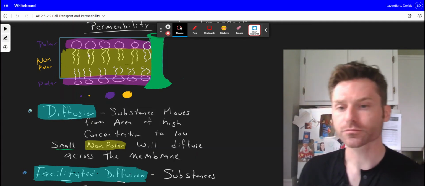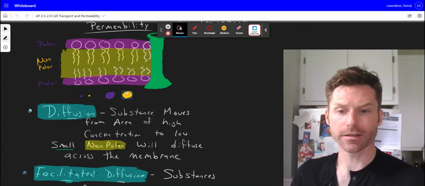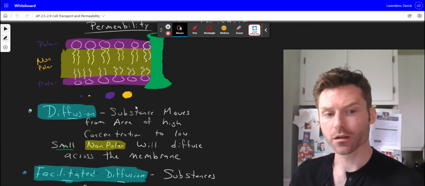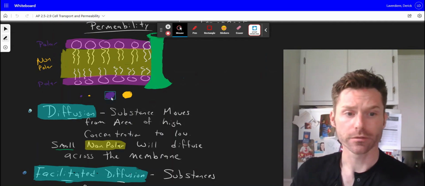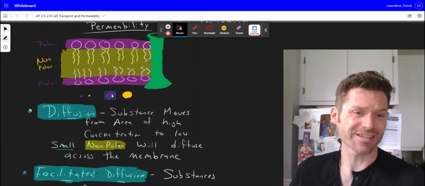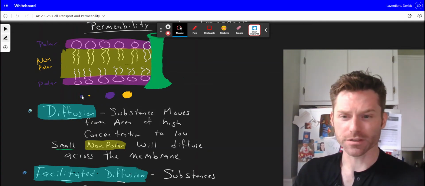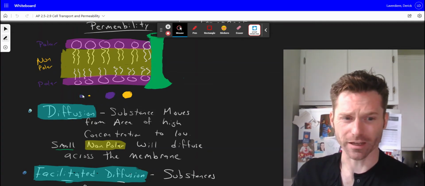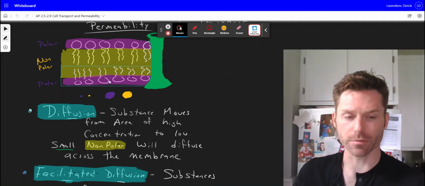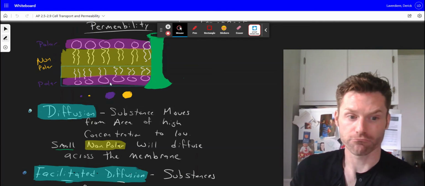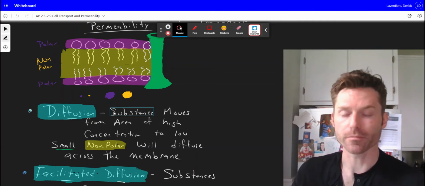Okay. Now, if we look at these larger molecules here, right, this one's purple, so it's polar or ionic, and its size really doesn't matter because we already established that even the small one can't get through, right? But just for fun, I'm going to say, it tries to go through, gap's not big enough, I can't get in. Doesn't go through. Bye. Okay.